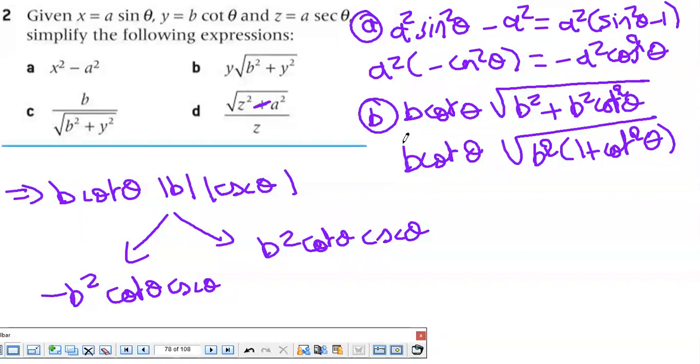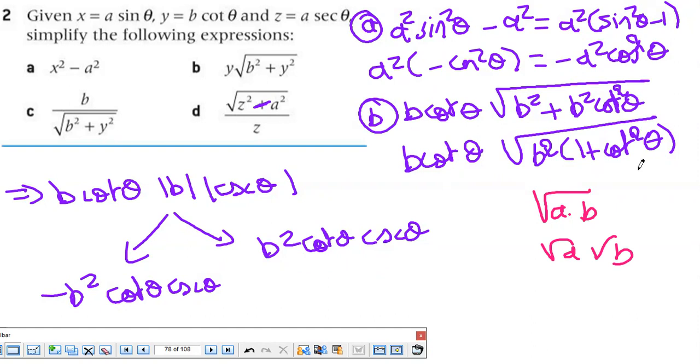B, again, it's b squared cotangent theta plus b squared cotangent theta. Inside, we're going to factorize by b. We know that radical, here I have the square root of a times b. I can switch, I separate radical a times radical b. What's radical b squared? Absolute value of b. What's 1 plus cotangent squared?